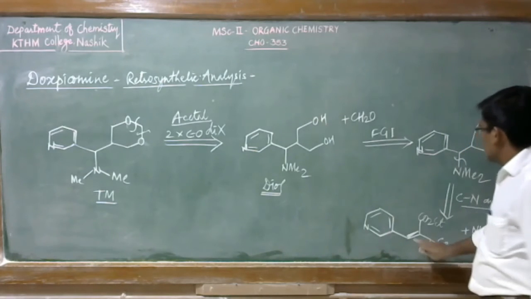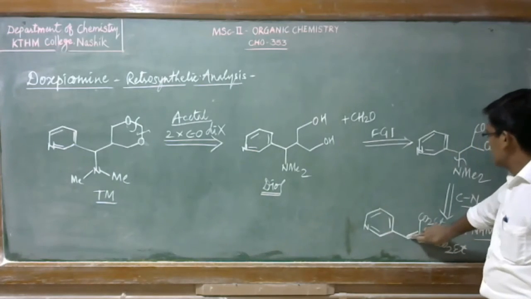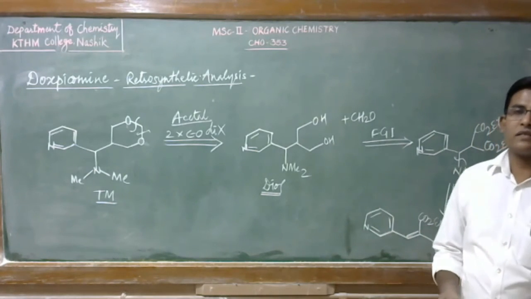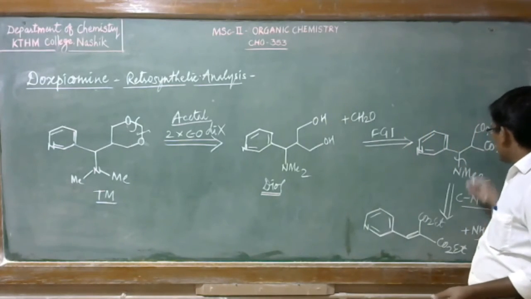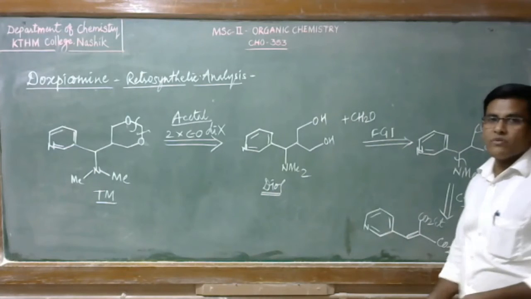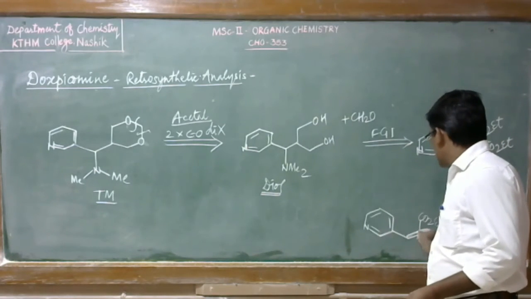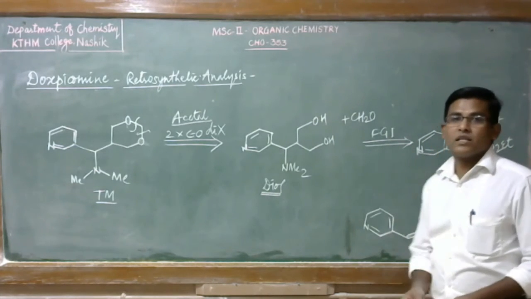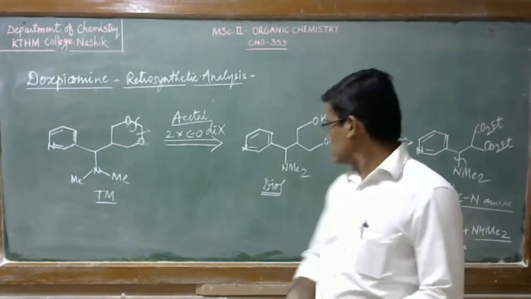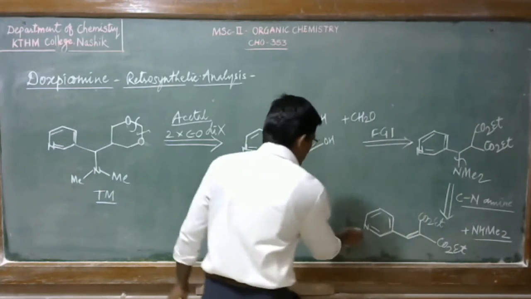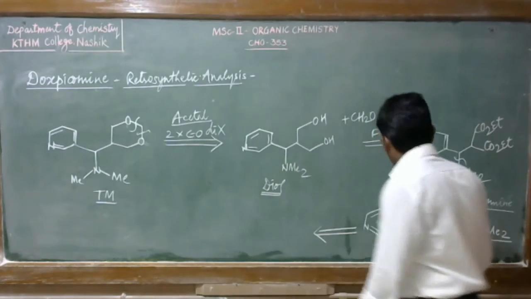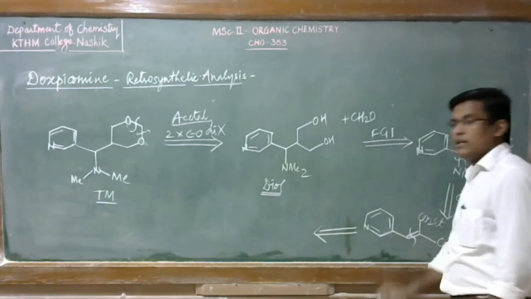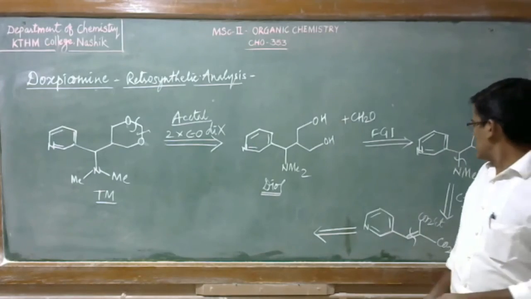Since the secondary amine can add to this alpha beta unsaturated carbonyl compound, so by cleaving this CN bond, we can generate this alpha beta unsaturated carbonyl compound. All right. Now it's obvious we have this alpha beta disconnection. Okay.